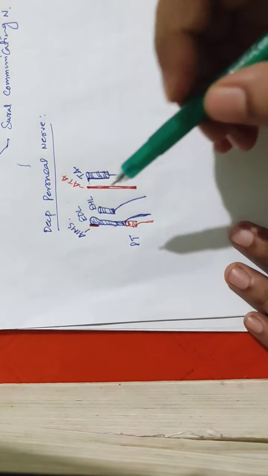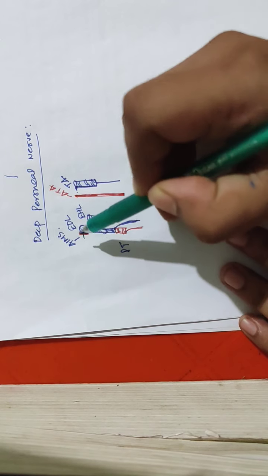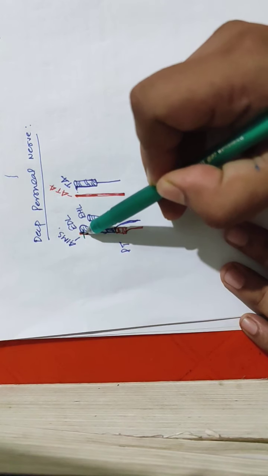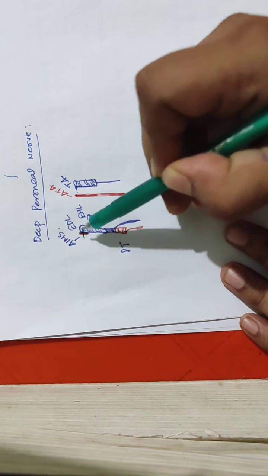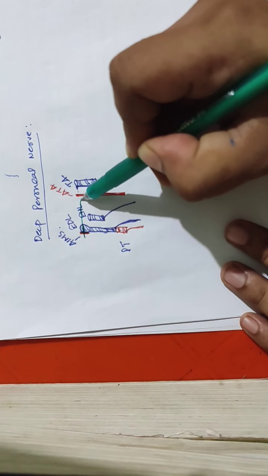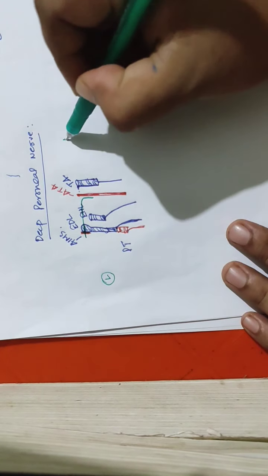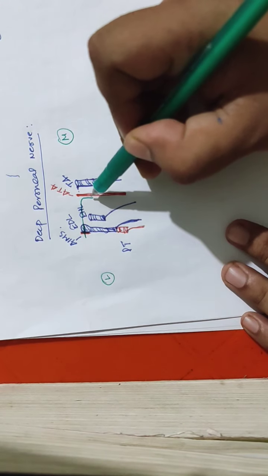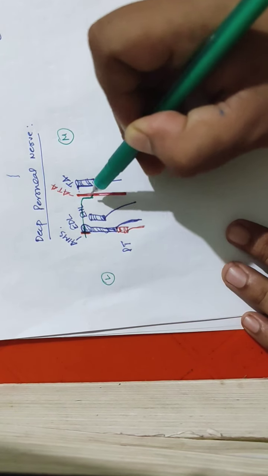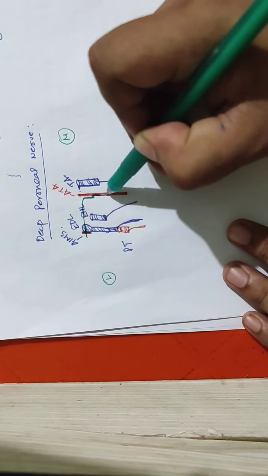So in the case of the deep peroneal nerve, it enters the anterior intermuscular septum and crosses the extensor digitorum longus muscle. Then it runs lateral to the anterior tibial artery in the upper part. Then it goes anterior to the anterior tibial artery.